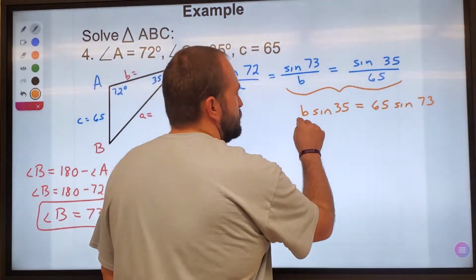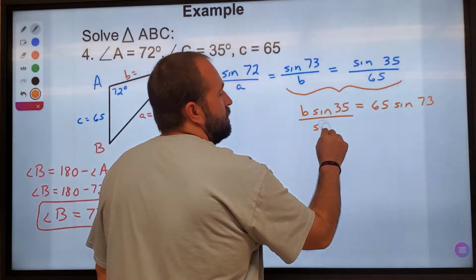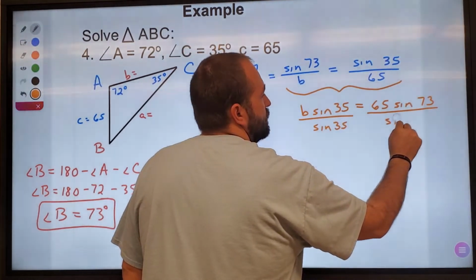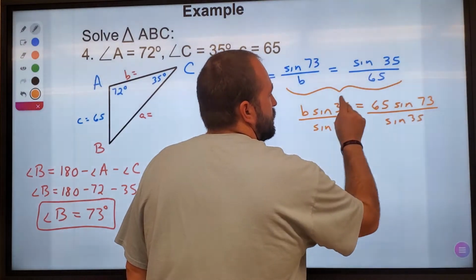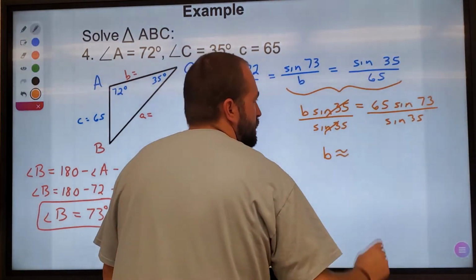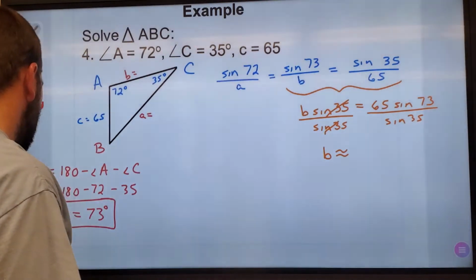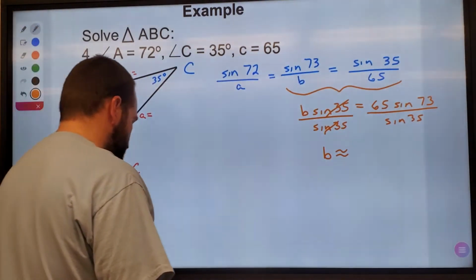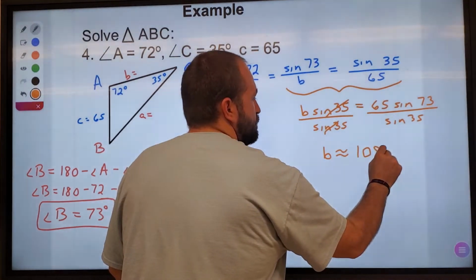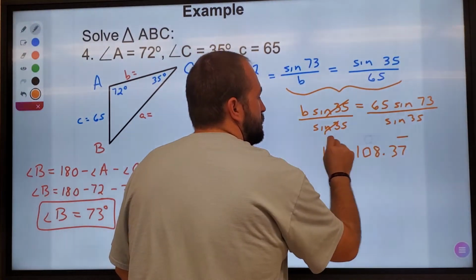I'm going to divide both sides by sine of 35. And that's going to leave me side B to be approximately 108.37.